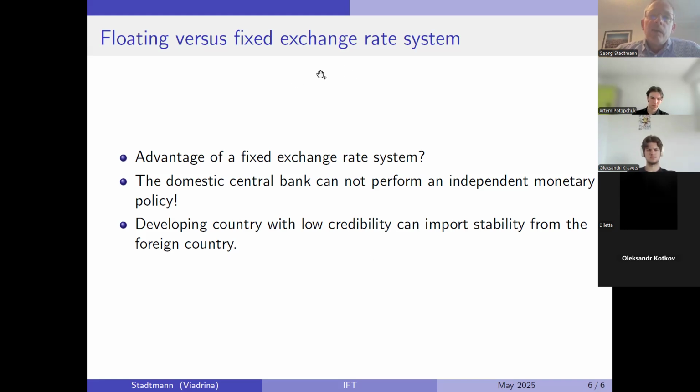So a fixed exchange rate system also can have some advantages. The buffer feature is missing, but therefore there is a link, and the link can be good in case that we are looking at some developing countries.